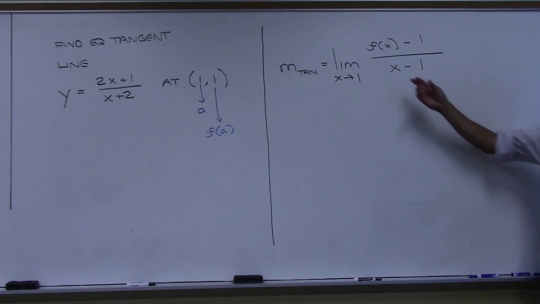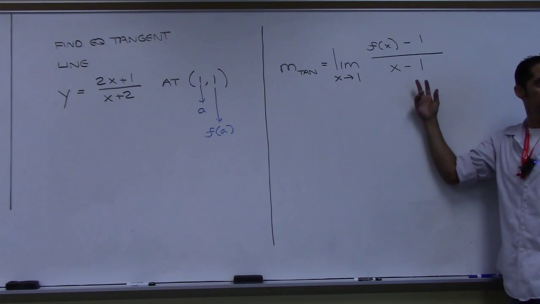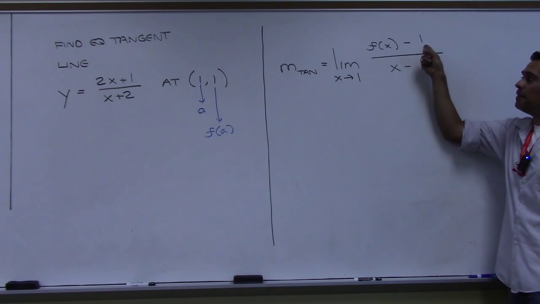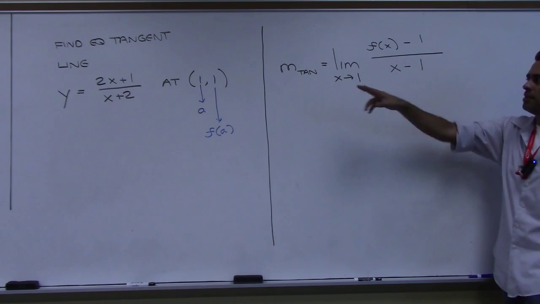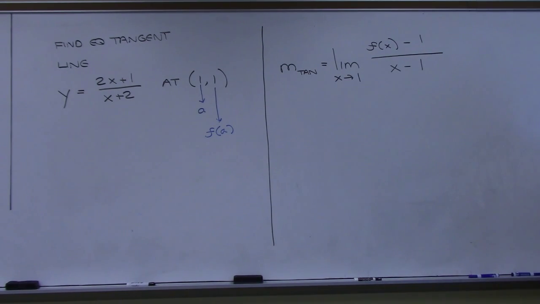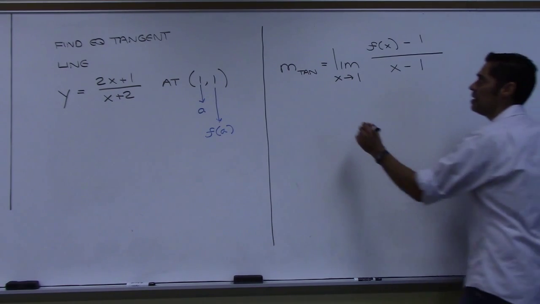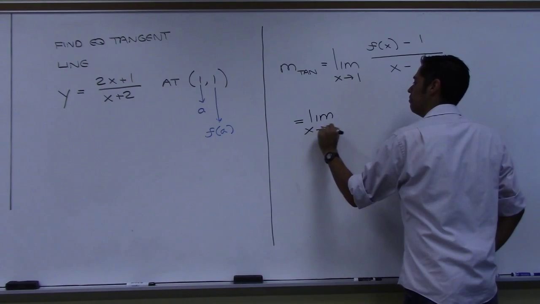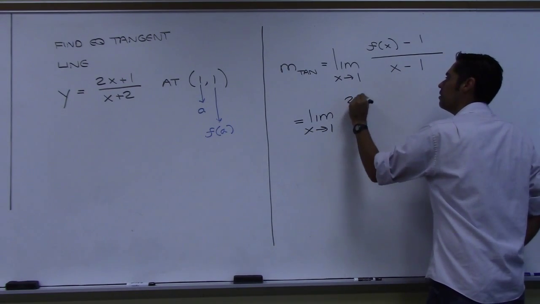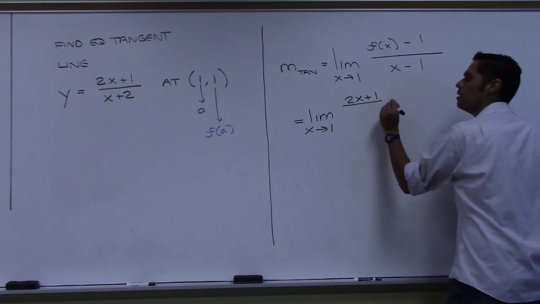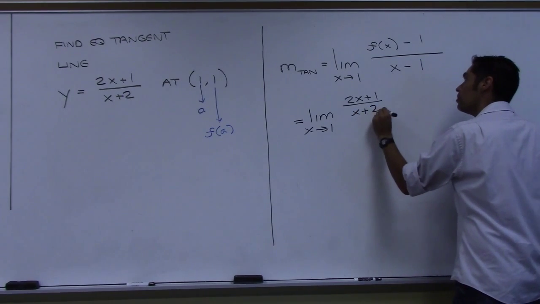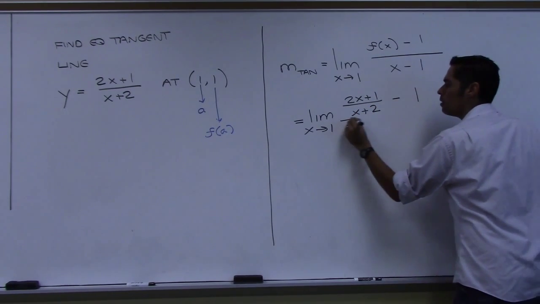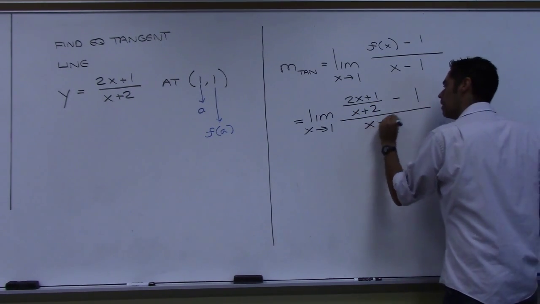All I did was replace all my a's with 1s, right? And replaced f of a with 1 because it's also 1. And now I'll replace the f of x with (2x plus 1) over (x plus 2), minus 1, over x minus 1.